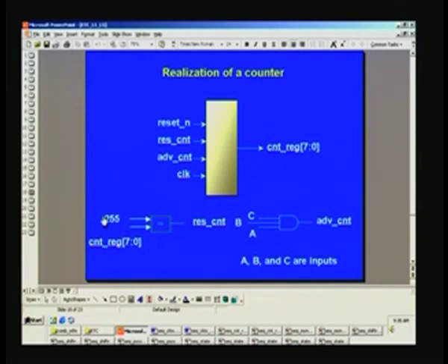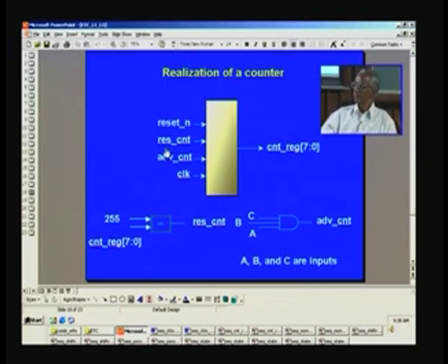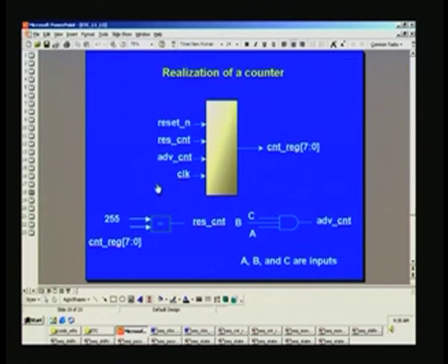So this setting point can be changed if you wish, another setting here, and you can advance the counter when this condition is satisfied, that is ABC being 1 each, and of course there is a clock which is reckoned at a positive edge, and finally there is an 8-bit counter whose output is displayed here.